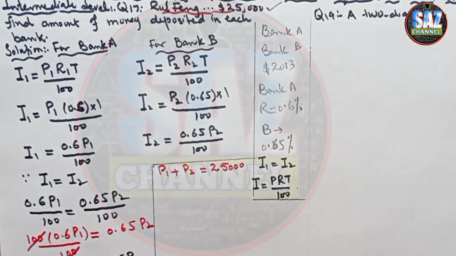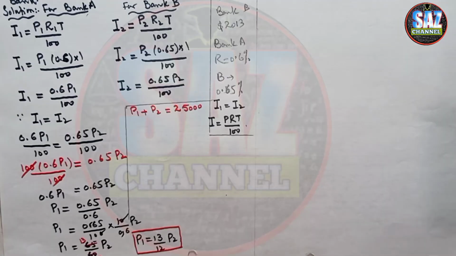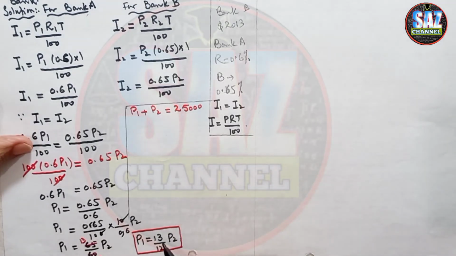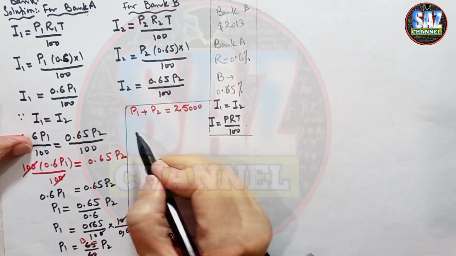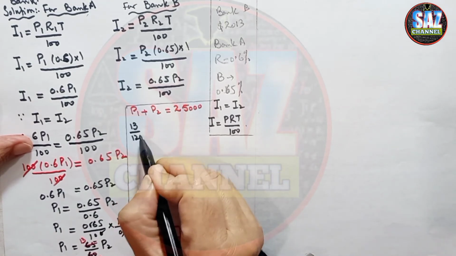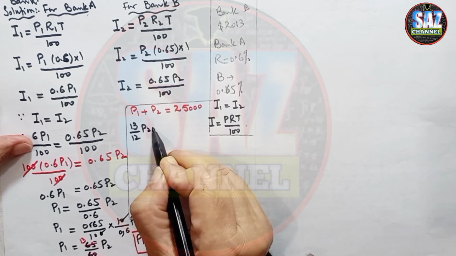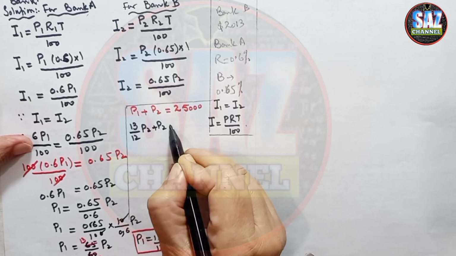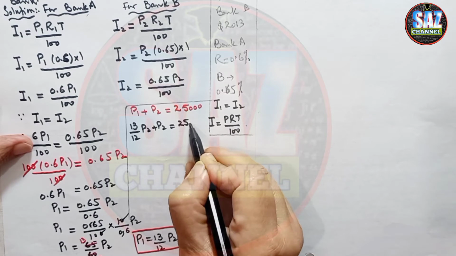This is the second equation. Now instead of P1 in this equation, I will be replacing 13 by 12 P2. P1 has the value 13 by 12 P2 plus P2 equals 25,000.